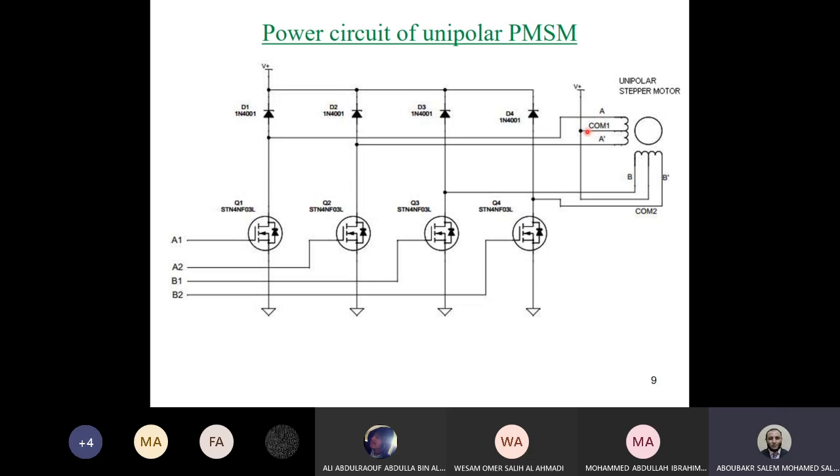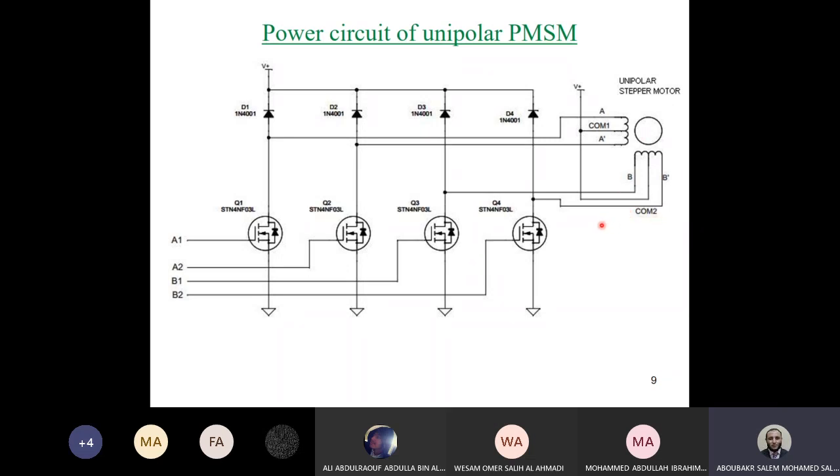The same also for coil or half coil A prime. If the switch of half coil A prime, which is Q2, is turned on, the current will move from the common point through this half of the coil and through the switch to ground. The same is also for coil number 2.